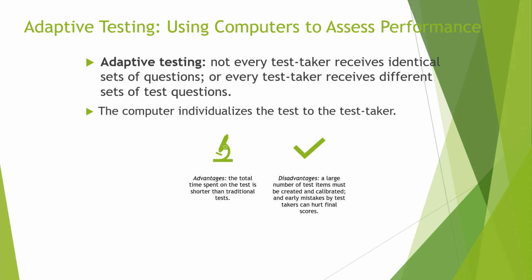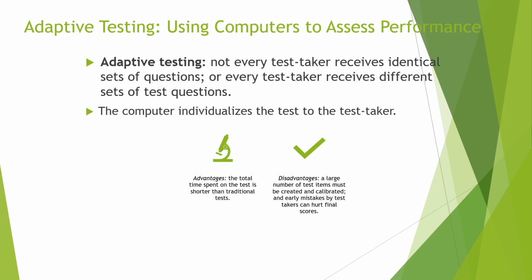I remember the first time that I took my SATs, I went into this large auditorium at a school in my hometown, and we had to be there by 7:30 a.m. and we did not get done until probably noon or 1 o'clock. So we're talking about a 4 or 5 hour test. That's a really long time to be sitting and taking a test. So the advantage of adaptive testing is that it is much shorter.